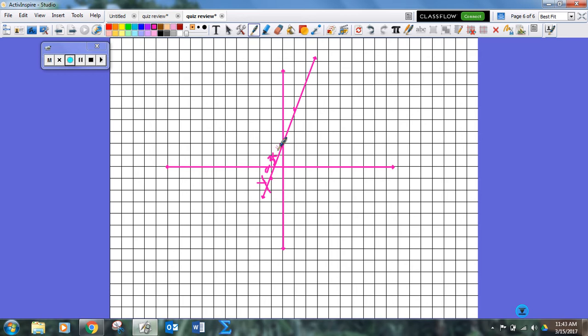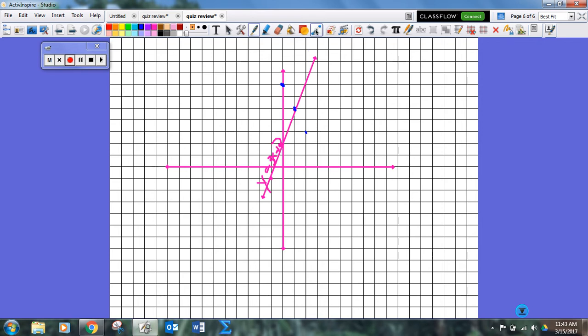Now the other equation, I'm going to use my slope and y-intercept. So I'm going to use a different color. I'll use blue. So my y-intercept was 7. So 2, 4, 6, 7. And then my slope was negative 2 over 1. So I go down 2 over 1. Down 2 over 1.